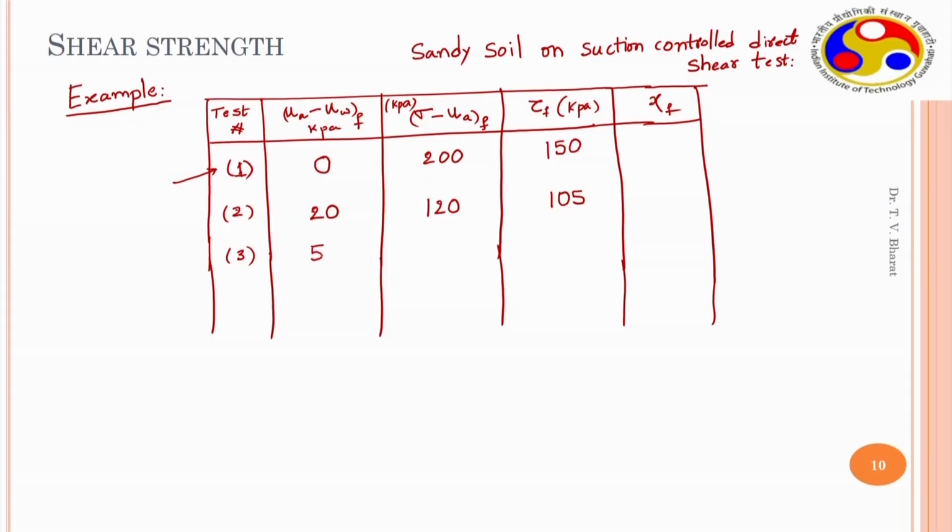And 50 kilopascal, and similarly 200, 500 and 800. Nearly 6 tests are conducted under 50 kilopascal. This is kept constant after the first test.